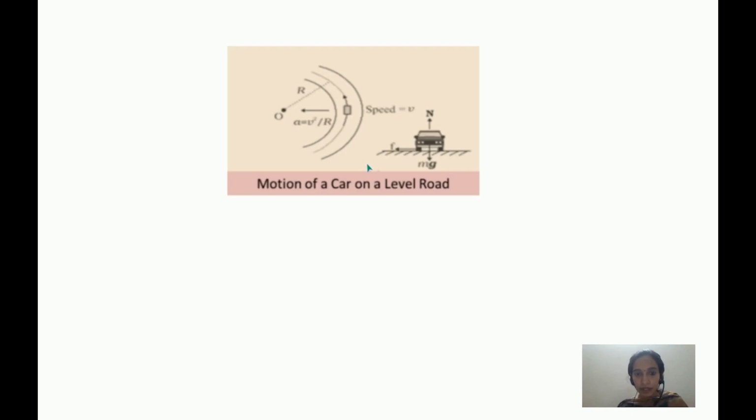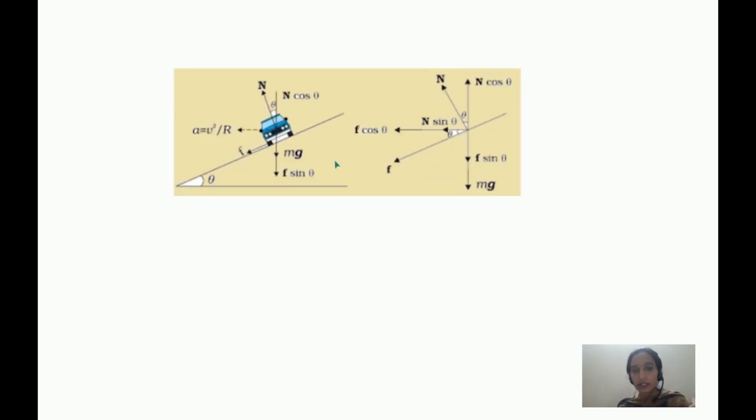So here I have added the pictures. If the vehicle is moving on a leveled track, this is its free body diagram. And in the next one, we will discuss in detail the second case, where the object is moving on an inclined track, or a banked road. How do you bank it?